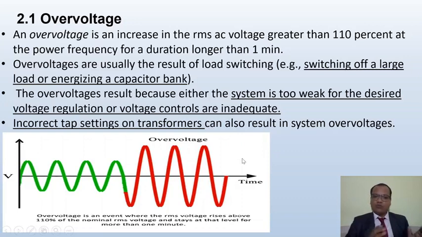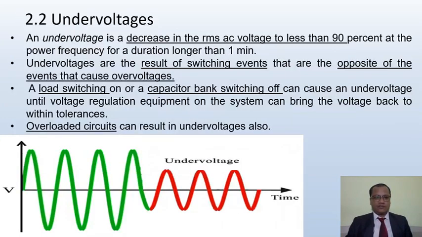On a small supply system, if we apply a very large load, over voltages might occur. Another reason for over voltage is incorrect tap setting of the transformer. For a particular small load, if taps are set at a very high voltage, over voltage might occur in the system.